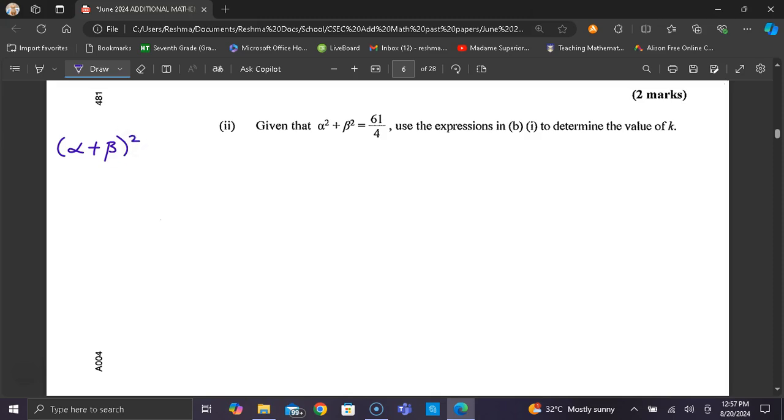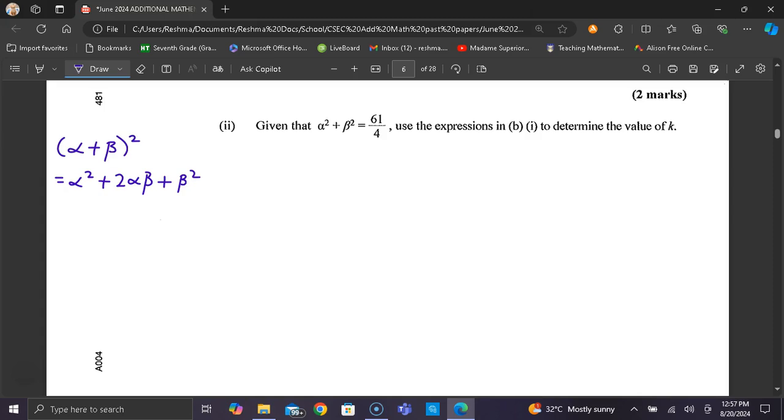So this identity, a plus b squared, or in this case, alpha plus beta squared, we know is equal to a squared, or alpha squared, plus 2ab, or 2 alpha beta, plus b squared, or beta squared.